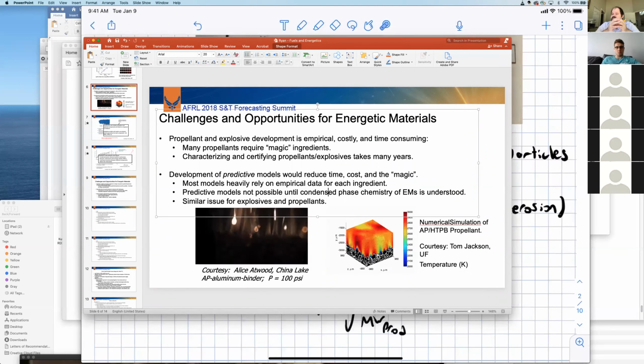And so for a composite propellant, if you chose a control volume way up here, basically all of the fuel and oxidizer would be burned to almost their equilibrium state, if you chose it high enough.